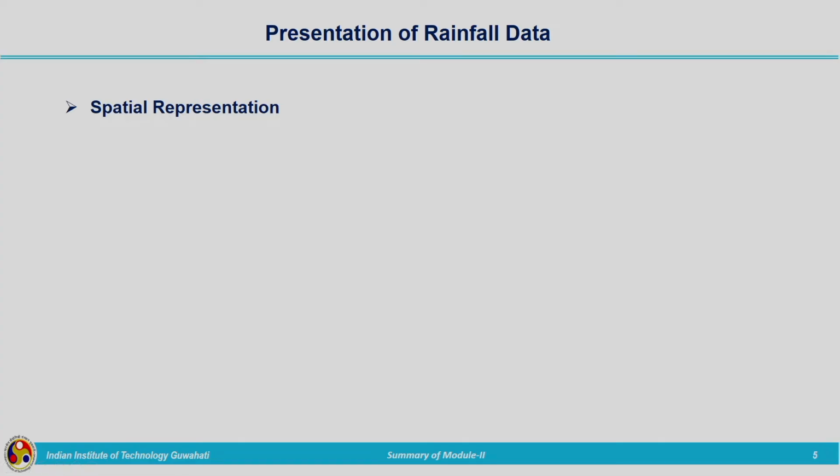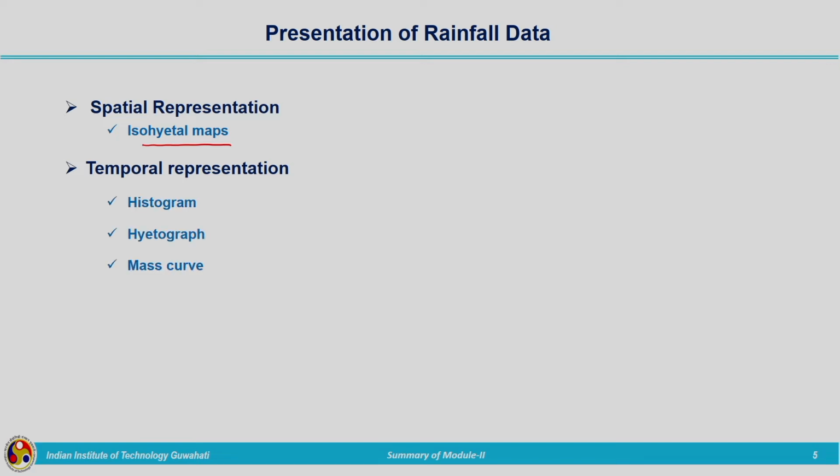Then we have moved on to the representation or presentation of rainfall. Rainfall representations, spatially and also temporally, we have seen. In the case of spatial representation, we were making use of isohyetal maps. Isohyets are the lines representing rainfall having equal depth.